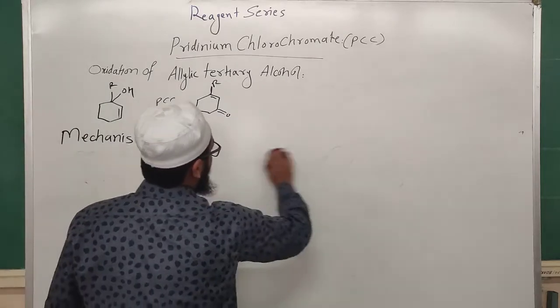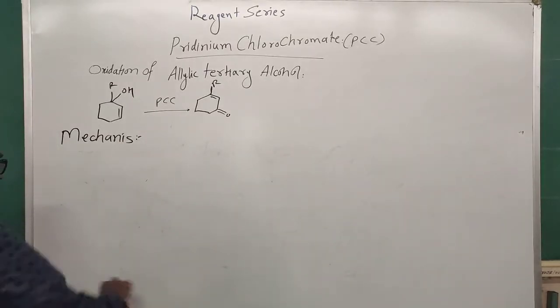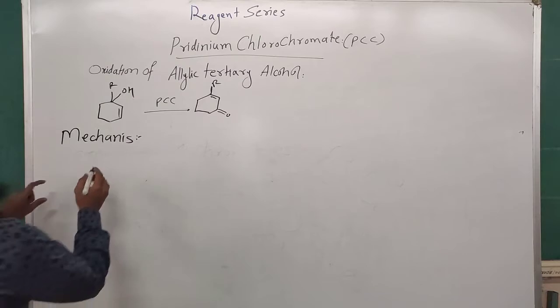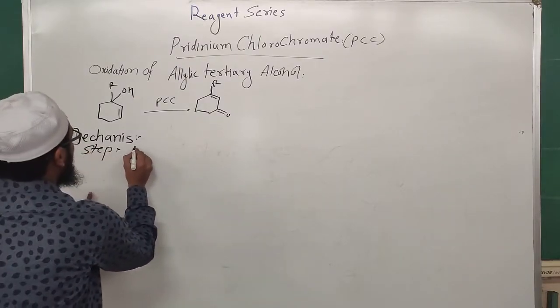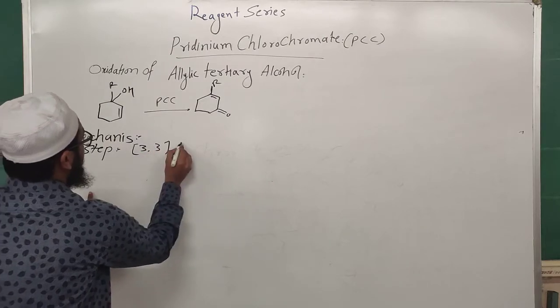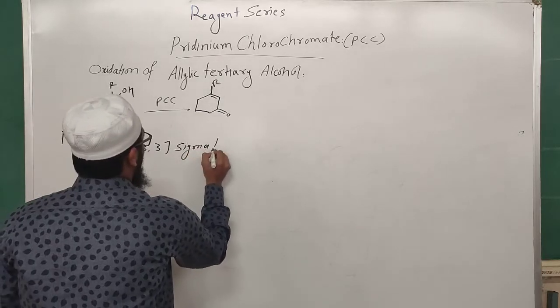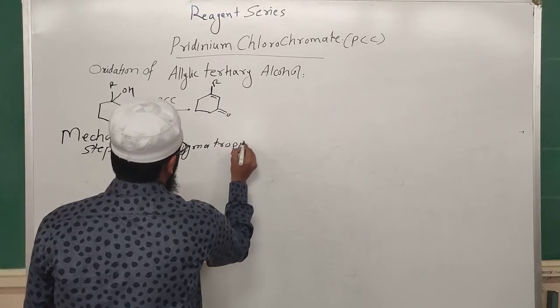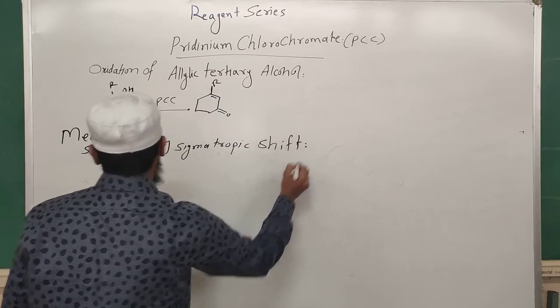In the first step we have seen the formation of chromate ester, and in the next step, step 2, my dear brother and sister, is the 3,3 sigmatropic shift. Now look at here.